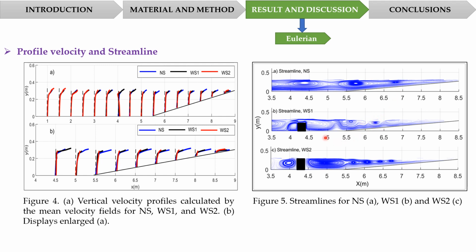But when we use structure and increase the structure height, we can see the recirculation increase. When the structure height increases, the recirculation is larger than in the other cases.